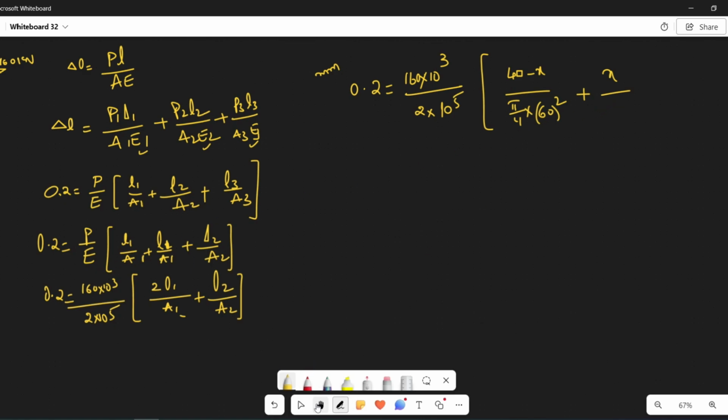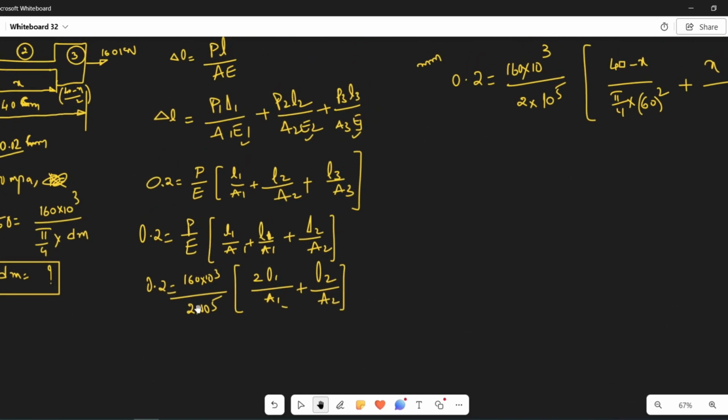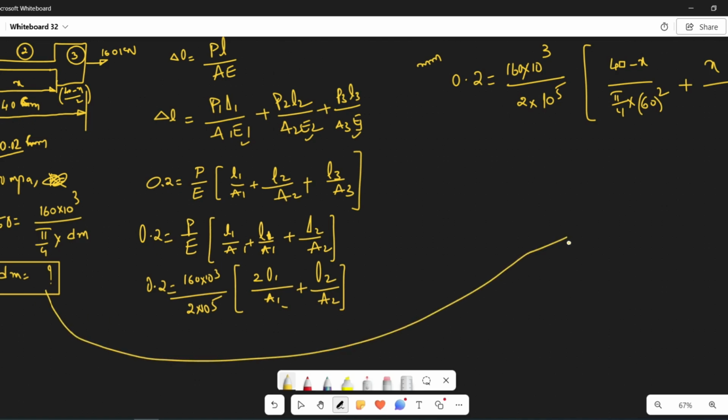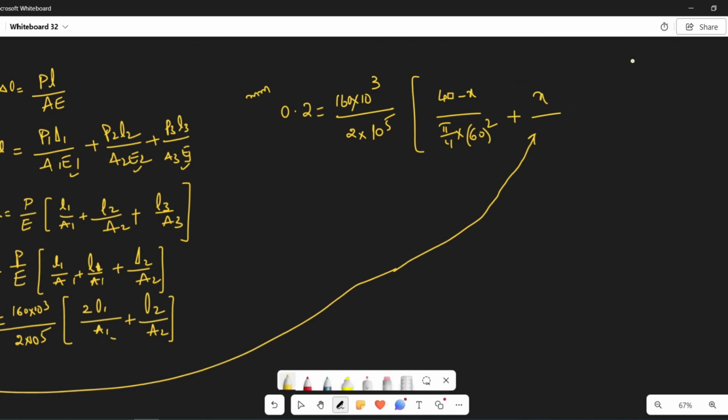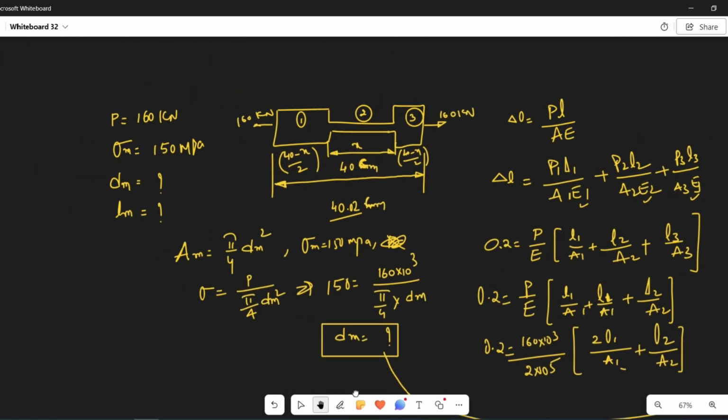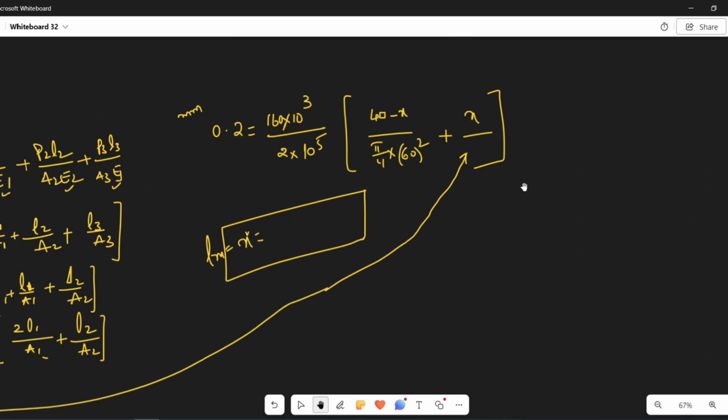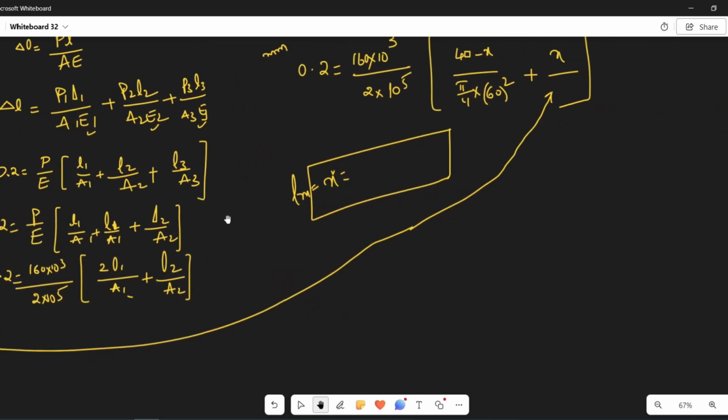Substitute that value, and you have only one unknown, x, the middle length L_m.